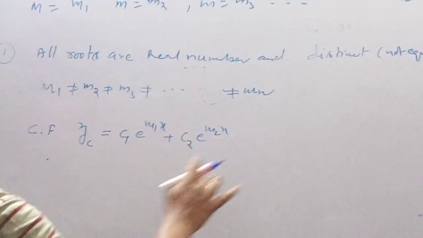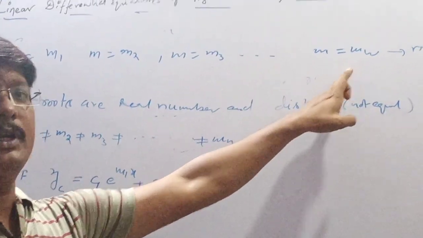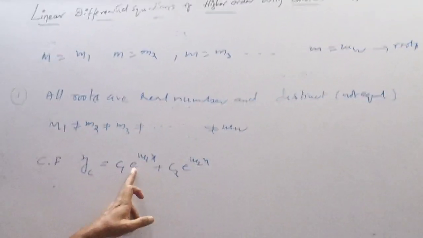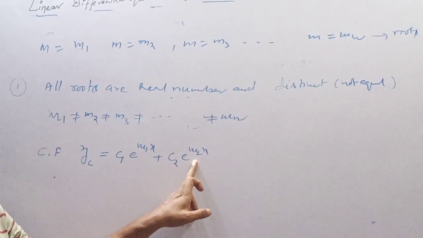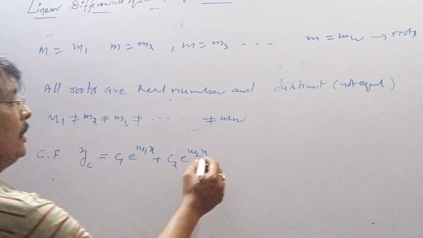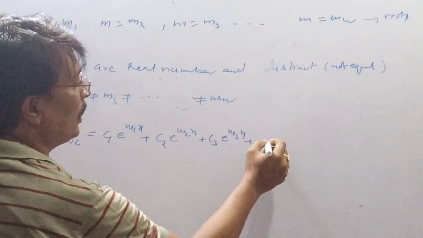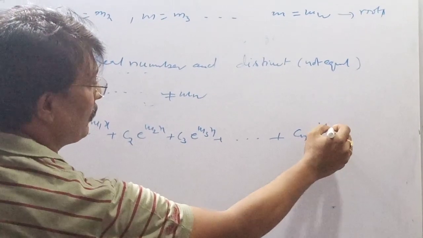c2 e to the power of m2x, because we have n distinct roots, so we have individually n number of roots. Each root gives e to the power of m1x, e to the power of m2x, e to the power of m3x, and so on, cn e to the power of mnx.